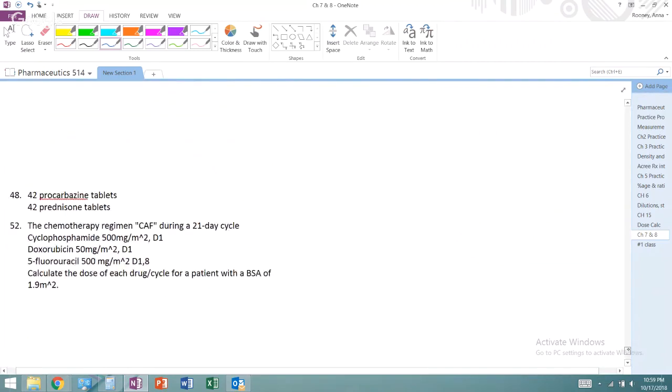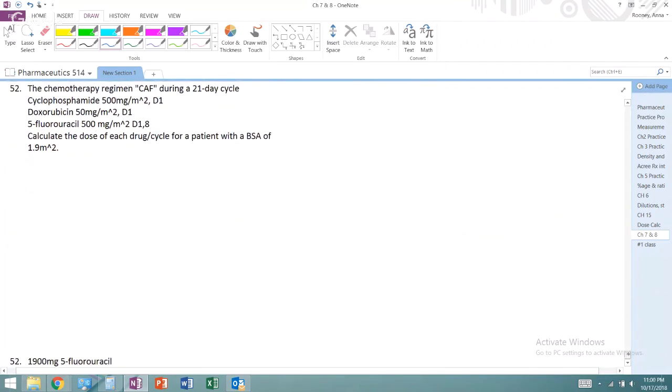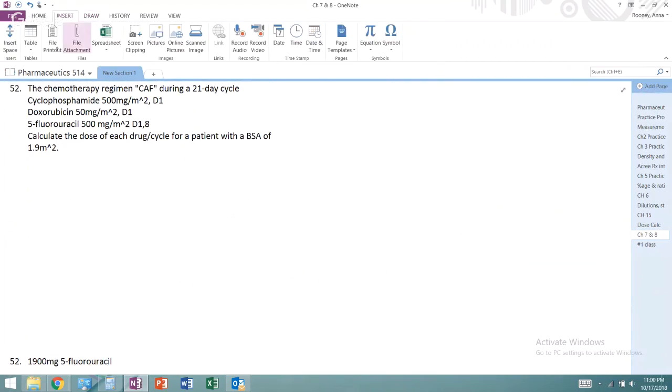Okay, so this is the last question. Let me add some more space here. Okay, chemotherapy regimen CAF during a 21-day cycle is cyclophosphamide, doxorubicin, doxorubicin is red, and 5-fluorouracil, which is used in a lot of stuff.